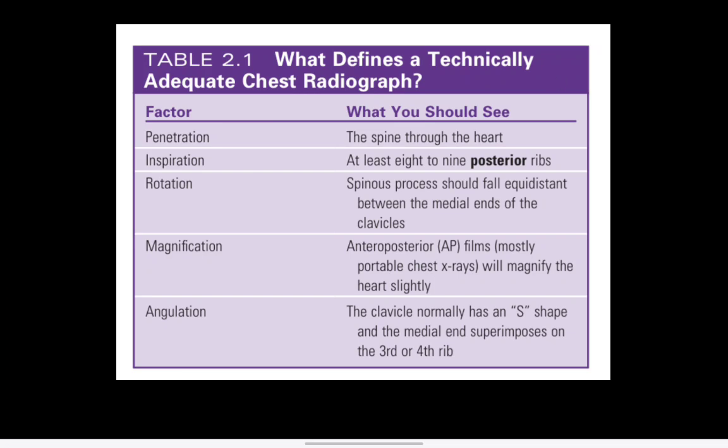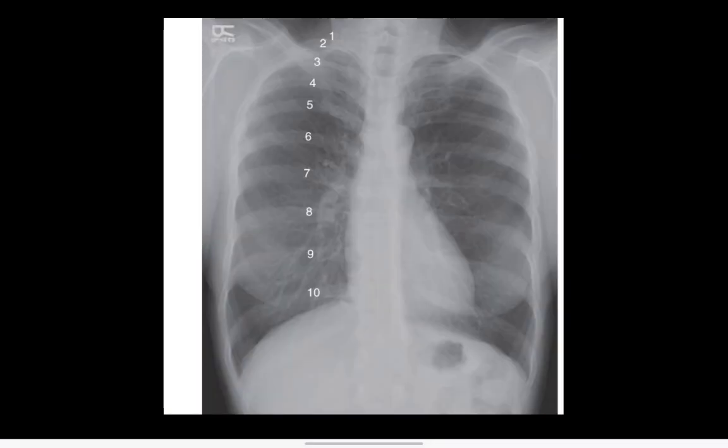So the rotation and angulation are in the same area. For rotation, the spinous process should be in the center between the two clavicles, and even the clavicles should superimpose the third and fourth rib, like this image here.